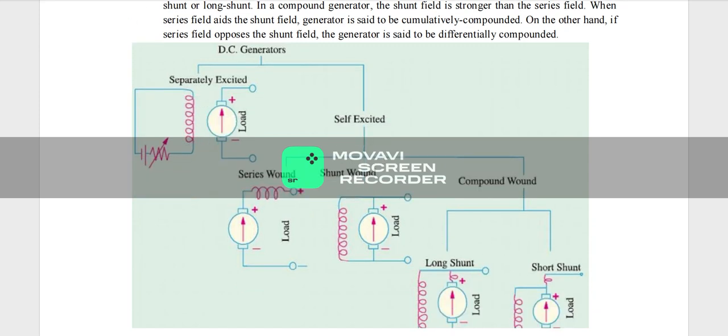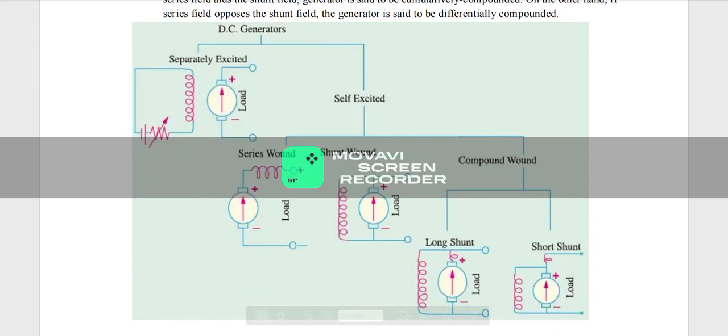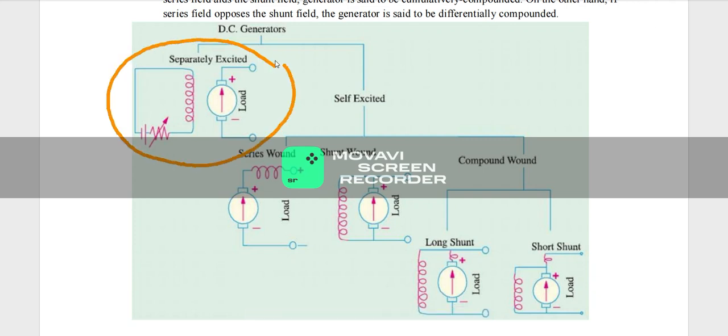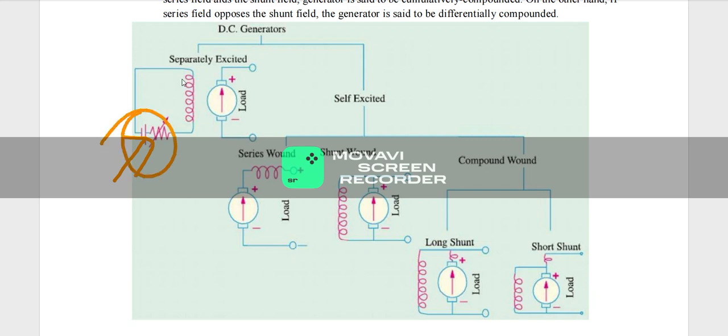So this is the first diagram. The first diagram represents the separately excited DC generator. In this diagram itself, it is very clear that we will be providing an external DC source. This is our external DC source that we will be providing for this field winding. Before going into detail, first we want to know the electrical symbol of each one.